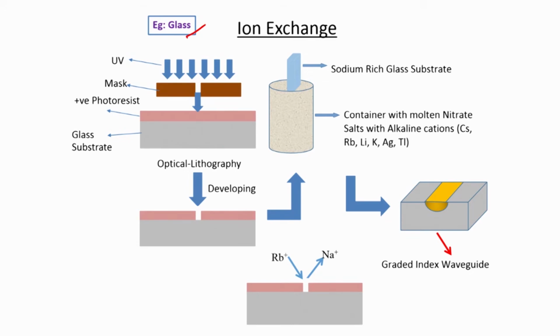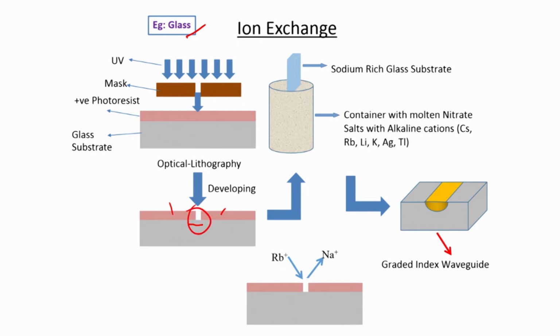Typically, if you think of a soda lime glass, you have sodium ions. You put a positive photoresist, expose the photoresist through a mask to ultraviolet radiation, and in this particular case you create a trough region like this, where the protective region is retained except in this region where you would like to create the waveguide.